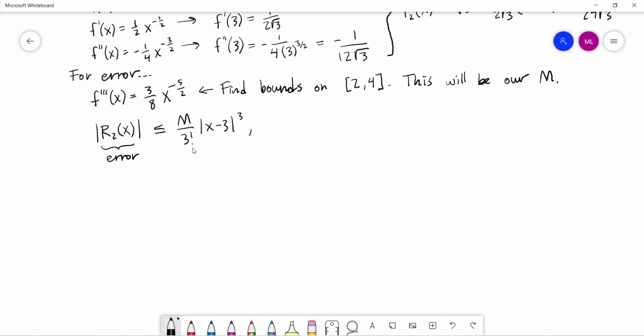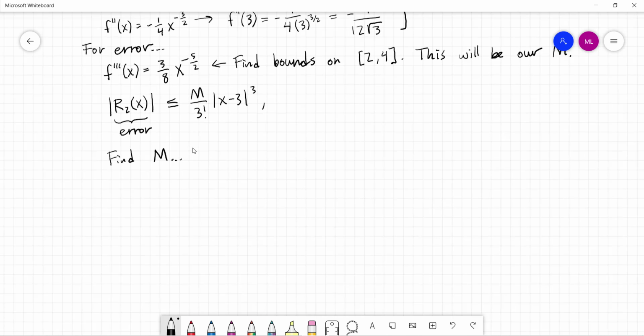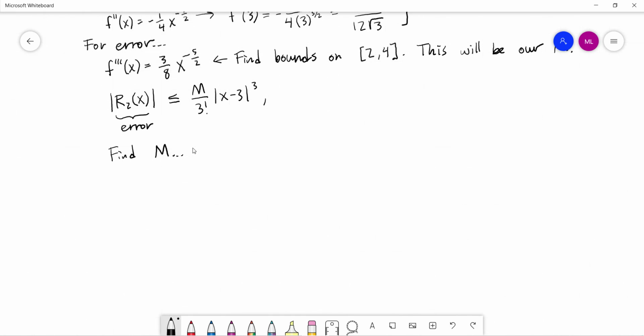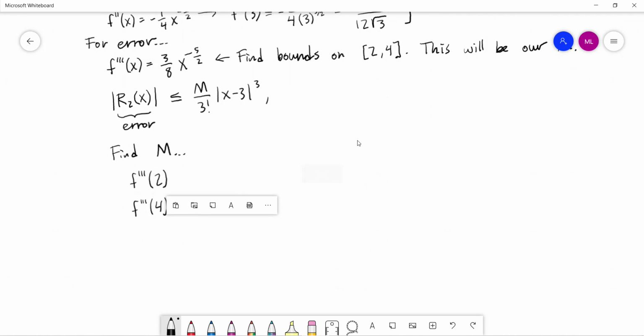So let's find m. All I want to do is plug in f triple prime of 2, f triple prime of 4, and I'm doing this simply because I don't know what the behavior of this function is. I don't really know what it does. So I'm just guessing and saying, let's look at it, see if it's monotonic, and figure out which one of these two ends is going to have the larger value.